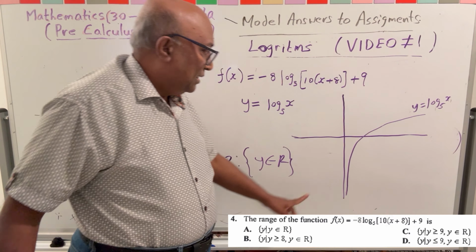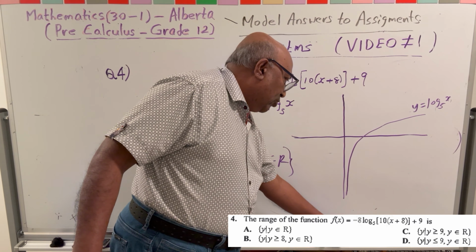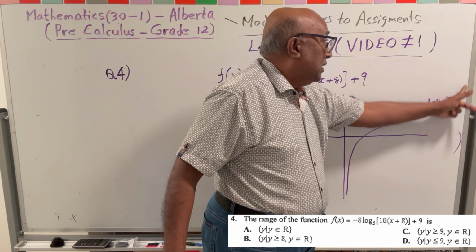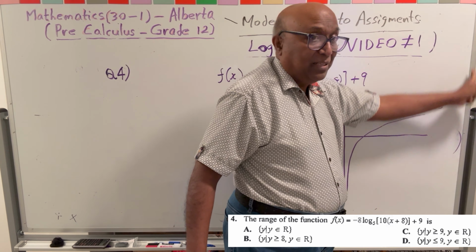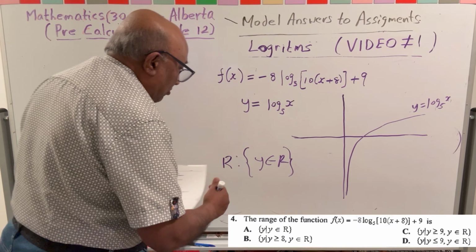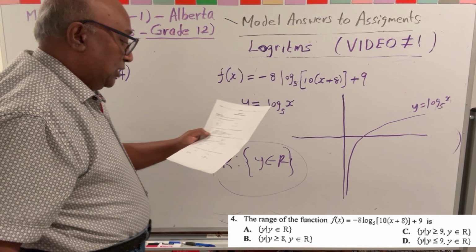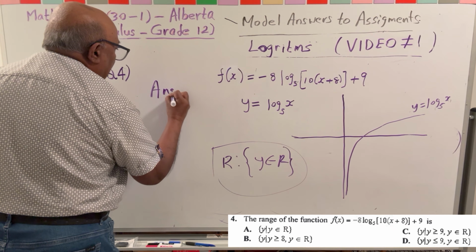That doesn't matter. Still the graph is behaving from negative infinity to positive infinity. Someday this goes to positive infinity. Although this graph cuts the edge of the board, it doesn't matter. It keeps increasing. Now this is the answer for the final graph also. The answer is y is an element of R. That means the answer is A.